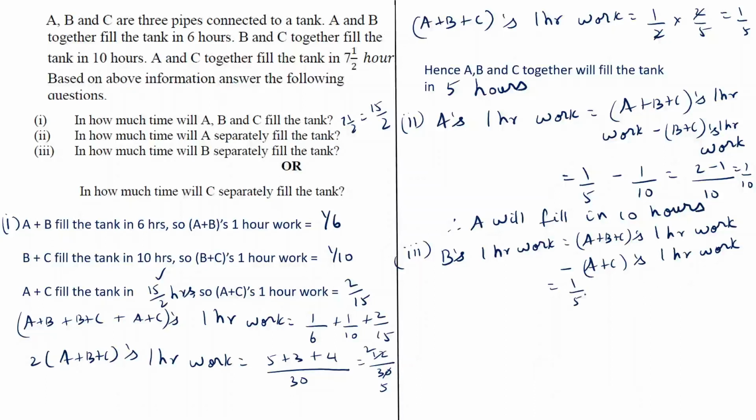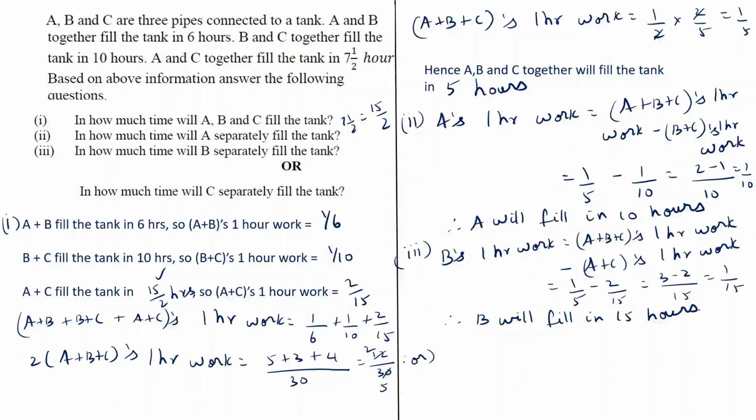So A plus B plus C's 1 hour work is 1 by 5, then A plus C's 1 hour work is 2 by 15. Here LCM is 15. So 3 minus 2 by 15 is 1 by 15. Therefore B will fill the tank in 15 hours.